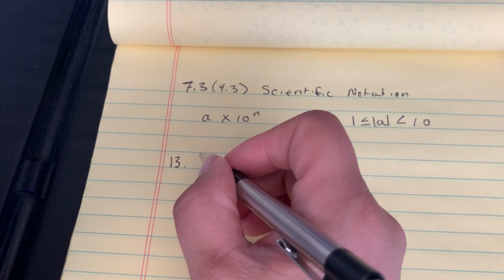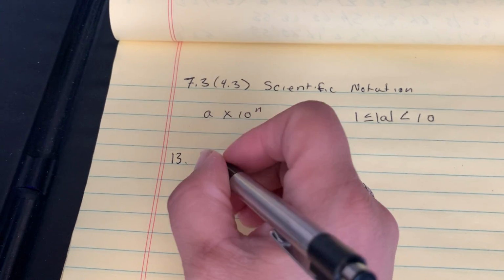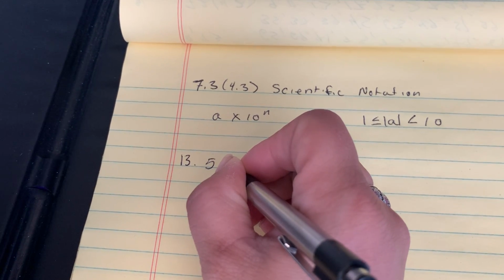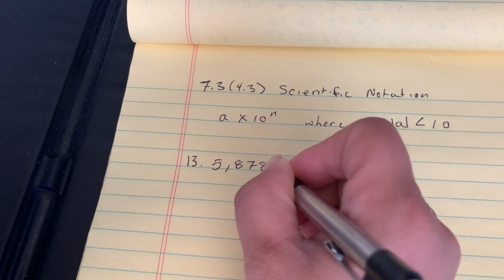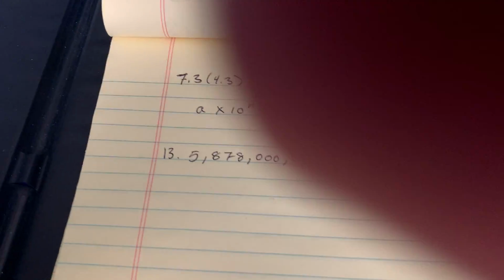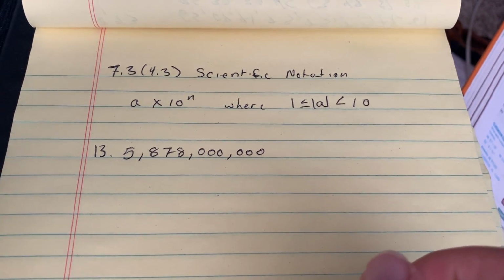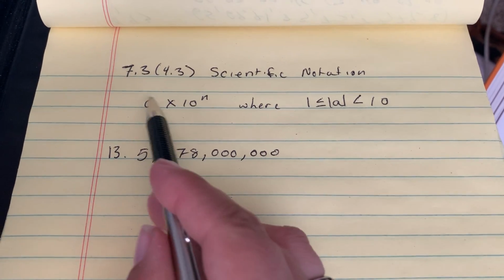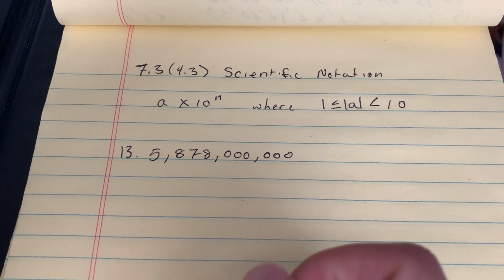So our first number we have, let's take example 13. Our number is... okay, if we want to write this in scientific notation, we have to make sure that our first number is between 1 and 10.